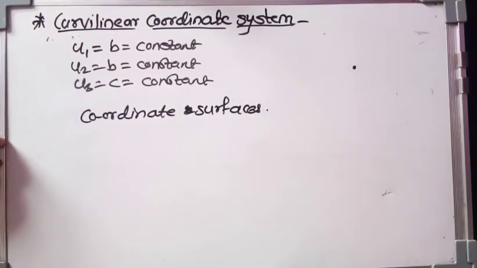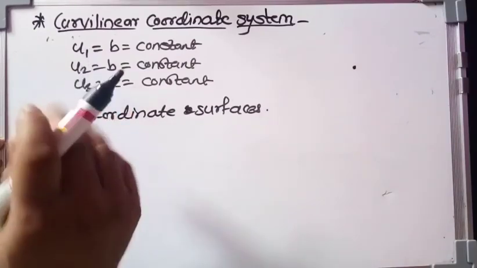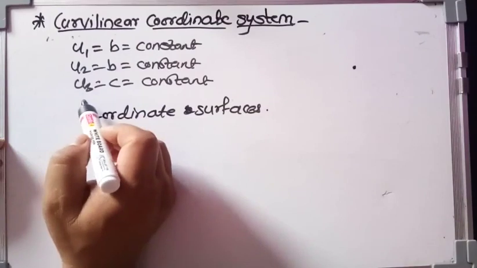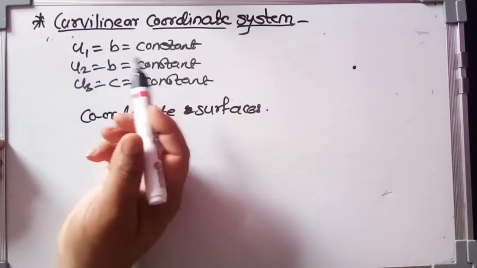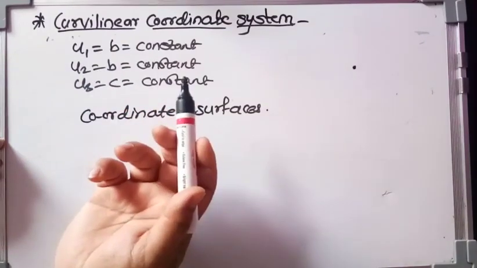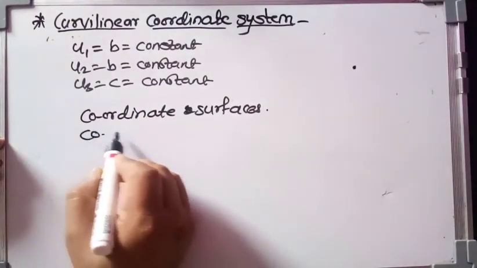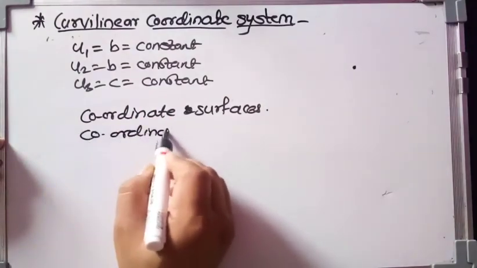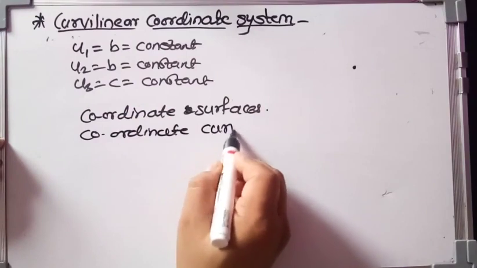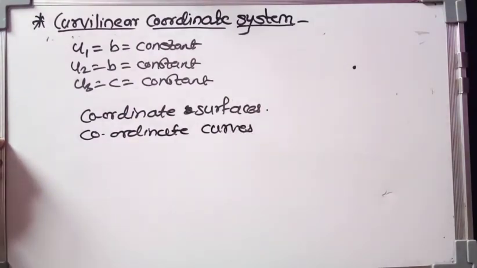In general, coordinate surfaces may be curved. These coordinate surfaces intersect with each other and give three curves known as coordinate curves, or lines.